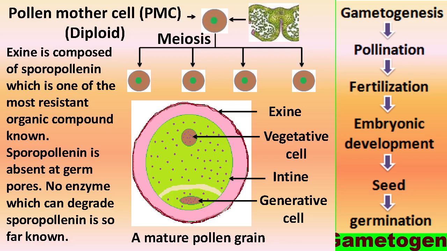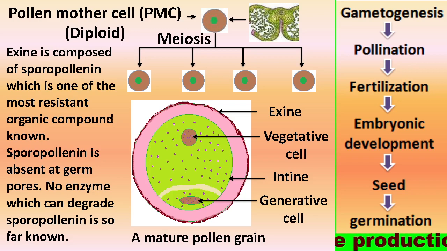This generative cell acts as a gamete. You must be aware of this pollen grain. A mature pollen grain contains two types of cell, which are known as vegetative cell and generative cell.